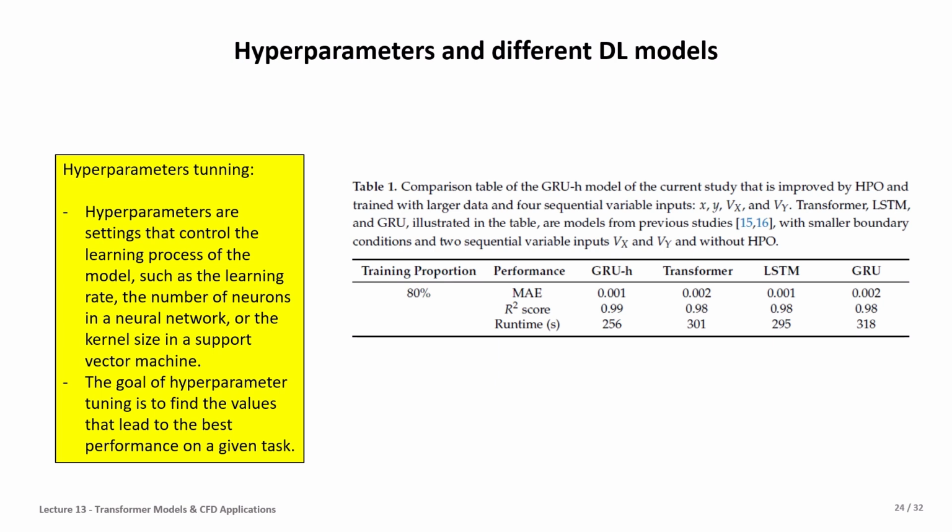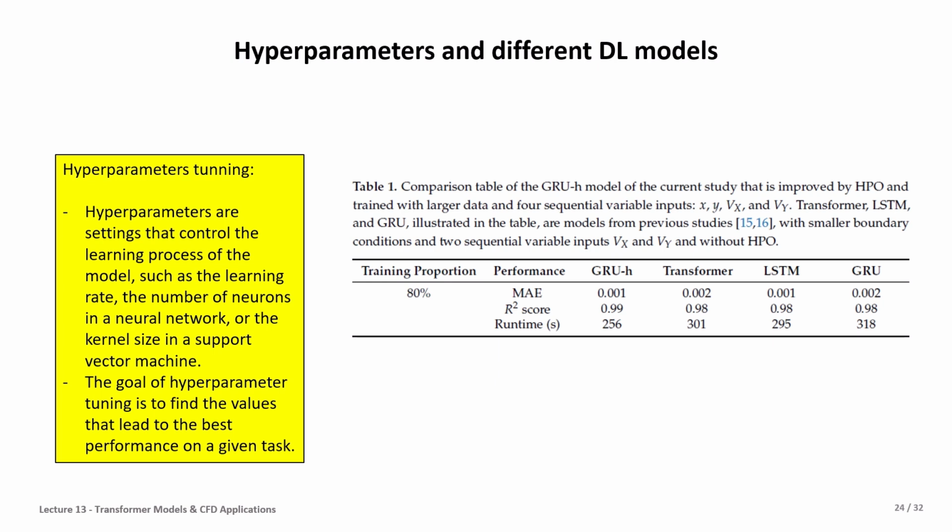In this table, one of the columns is GRU-H, which means GRU with hyperparameter optimization. This GRU model has larger data than the other three models that were done before. But with hyperparameter tuning, we can say it gets higher accuracy and a shorter time.